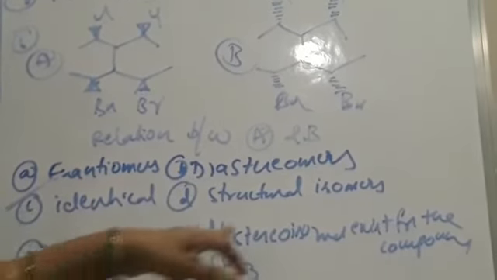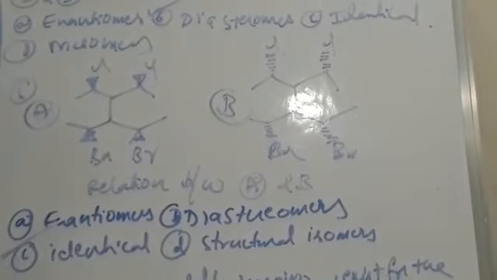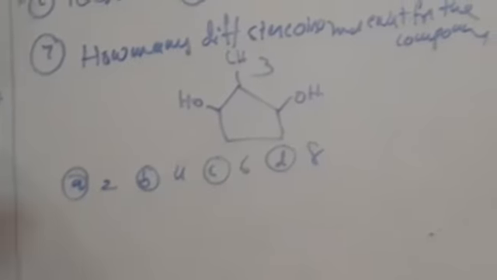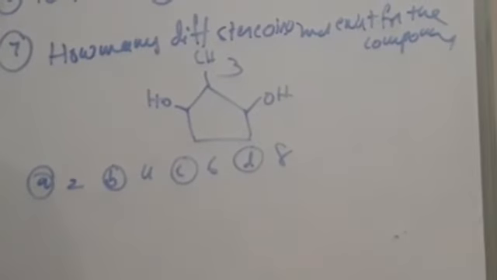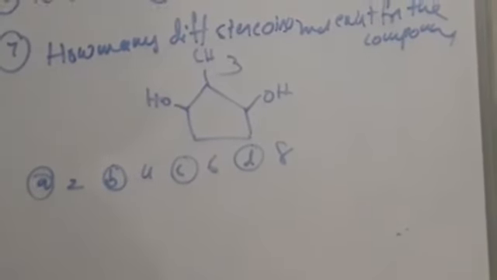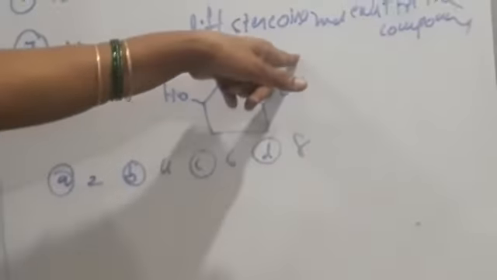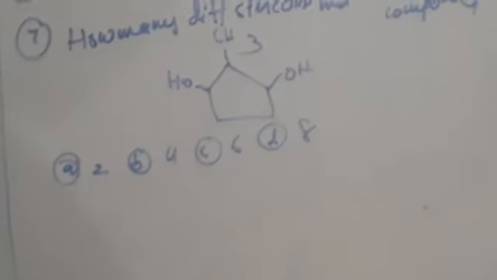How many different stereoisomers are possible for this compound? Here 2 geometrical isomers are possible. If the OH groups are present on the same side, that is the cis isomer. On the opposite side, one above and one below, the trans isomer.